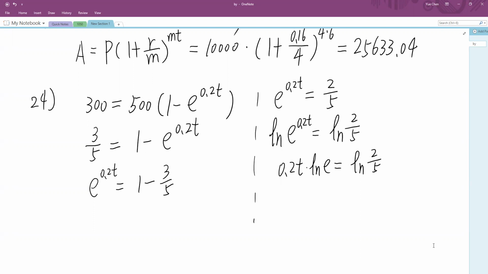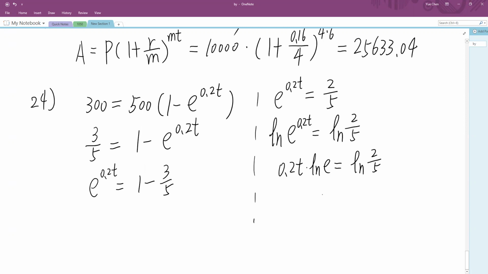Yes, this one would be 2 over 5, not 3 over 5. It's 2 over 5 because you add e on both sides, then subtract the 3 over 5 on both sides.